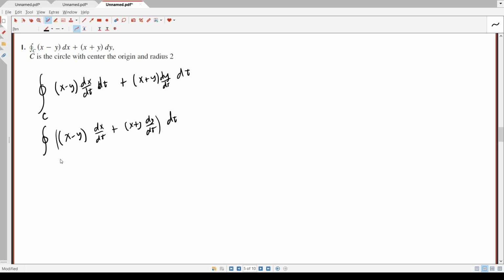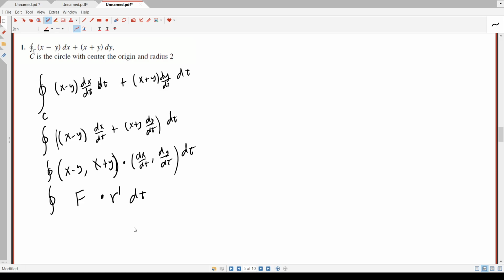Now this is the same as x minus y, x plus y dot dx dt, dy dt. Okay, and that's the same as f, right? This is my f dot r prime dt.